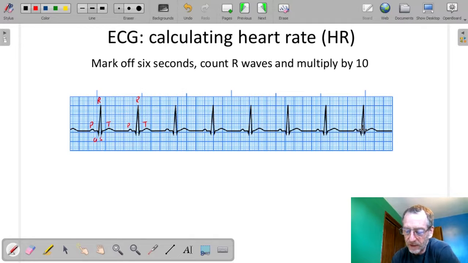And the first thing you need to do when looking at a heart rate is figure out what the heart rate is. We already determined that it looks fairly normal at quick glance. That's good enough for right now. So what's the heart rate? Well, the easiest way to do this is to mark off 6 seconds. So you notice that on this EKG, there are these tick marks at the top. And these are a little bit taller than the others.